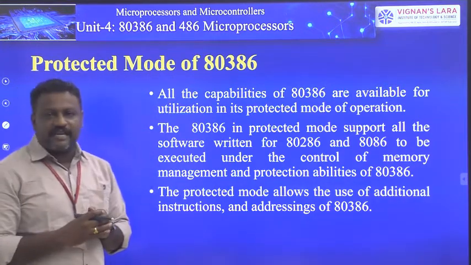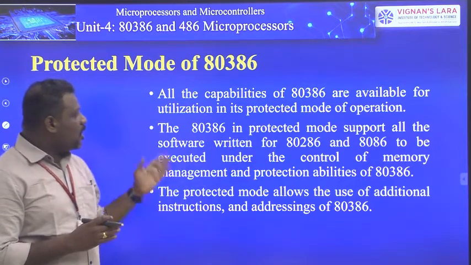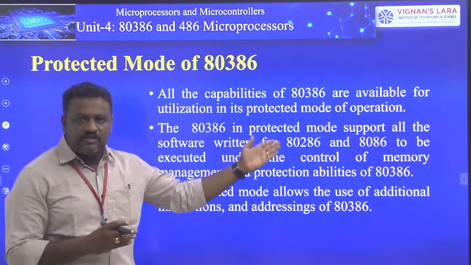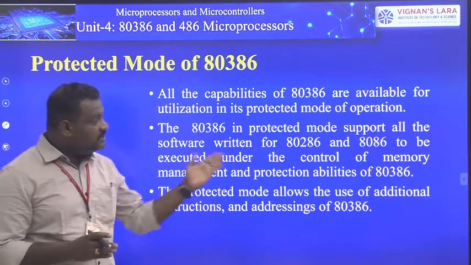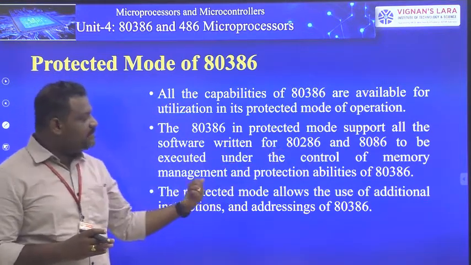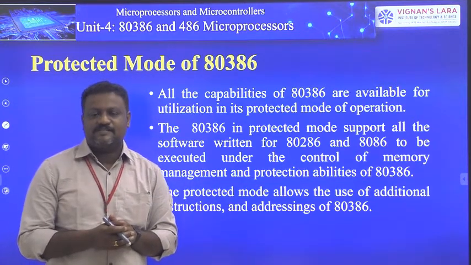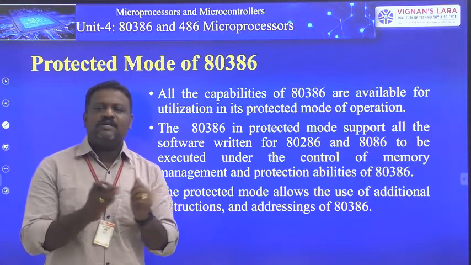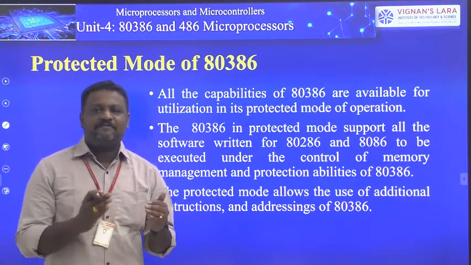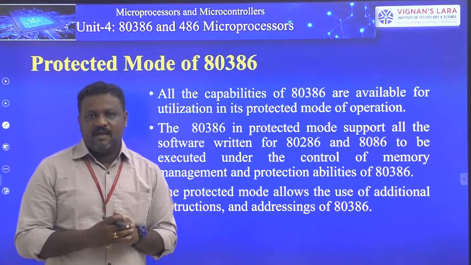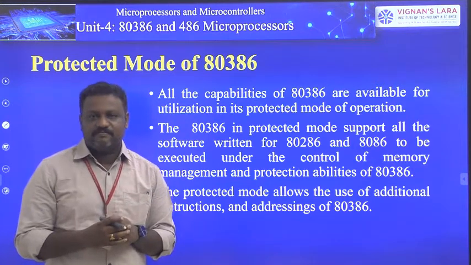Coming to the second one, the 80386 in protected mode supports all the software written for 80286 and 8086 to be executed under the control of the memory management and protection abilities of 80386. We know that in real mode our 80386 acts like a fast 8086 and executes all 8086 programs.